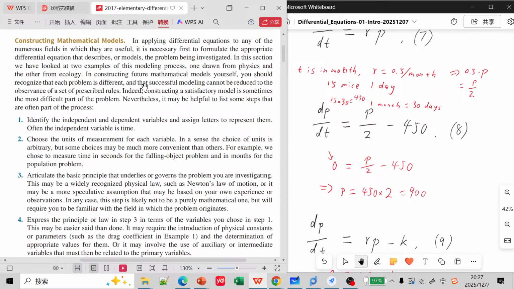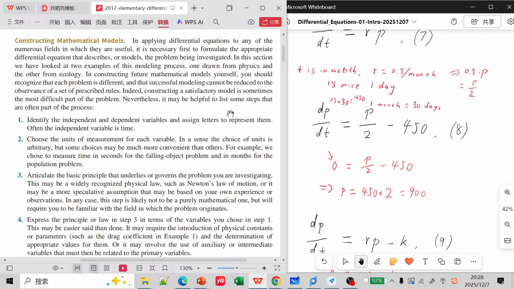In constructing future mathematical models yourself, you should recognize that each problem is different and that successful modeling cannot be reduced to the observance of a set of prescribed rules. Indeed, constructing a satisfactory model is sometimes the most difficult part of the problem.